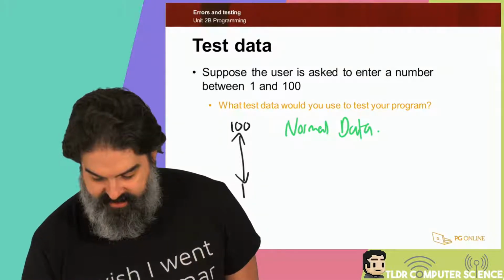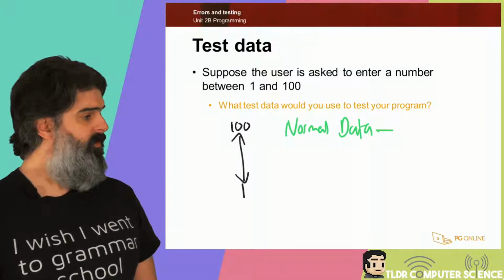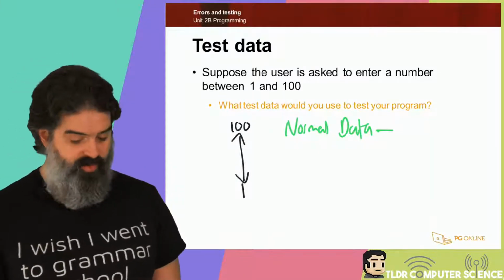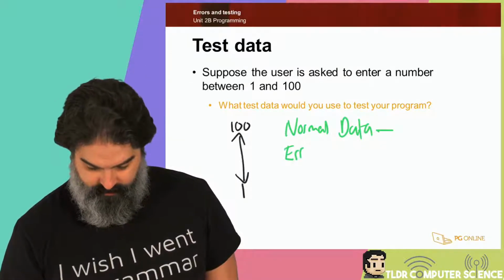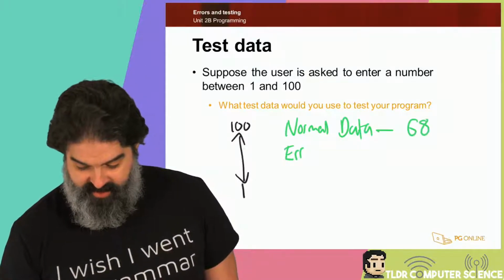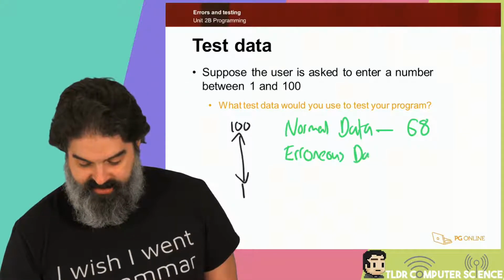So that you're testing to see, is it putting a number between 1 and 100? What would be an example of normal data? So 68, thank you, Brooke. So 68 will be an example of normal data because it sits in between.